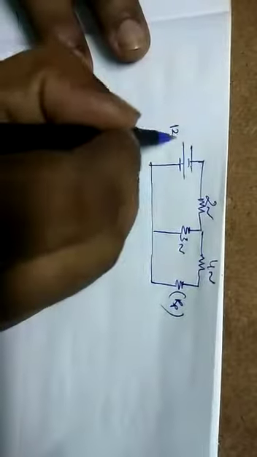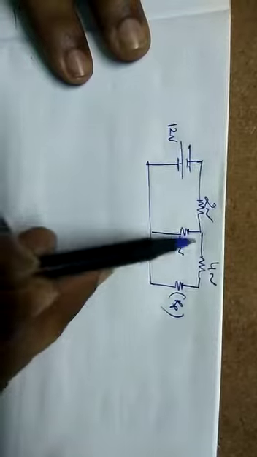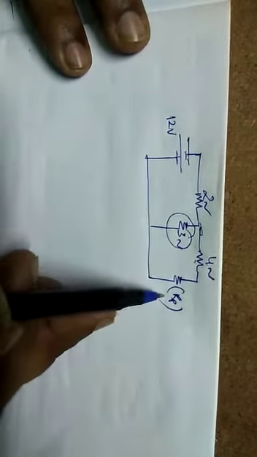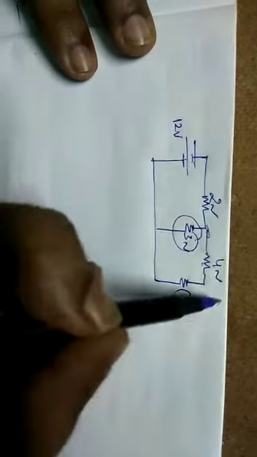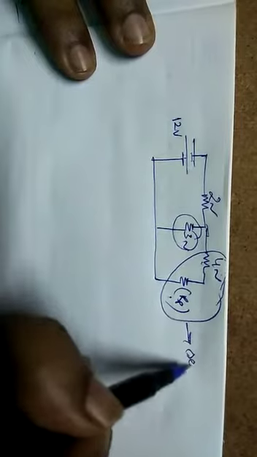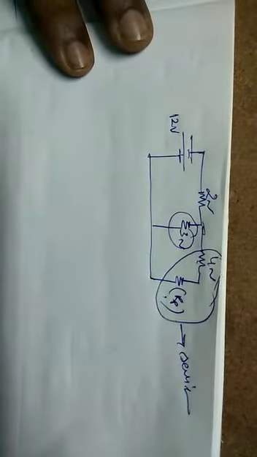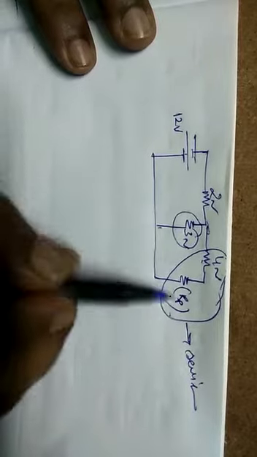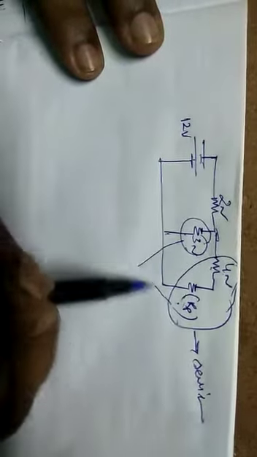This is here 12 volts. So like this, here the 3 ohms is across the joint of the 4 ohm resistor and the Rp resistor. So these two are in series. And this series combination is across the 3 ohms, so these are in parallel.